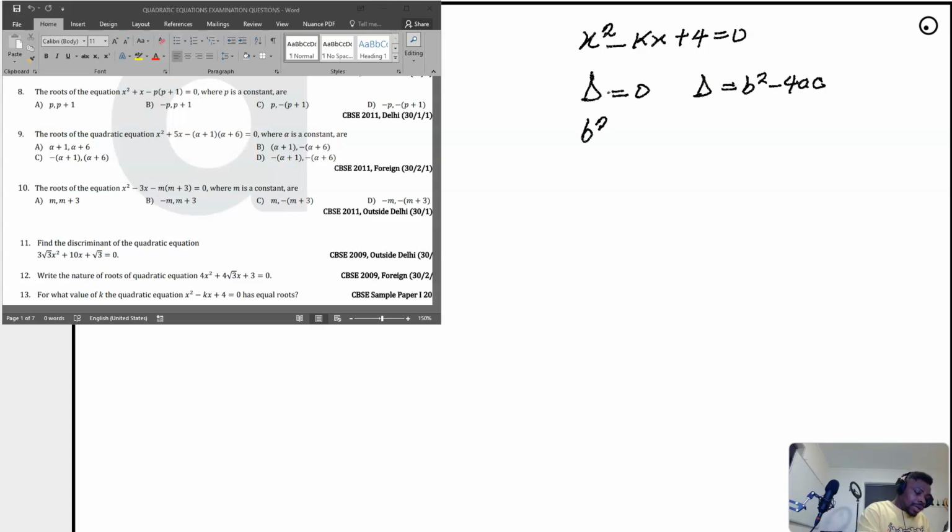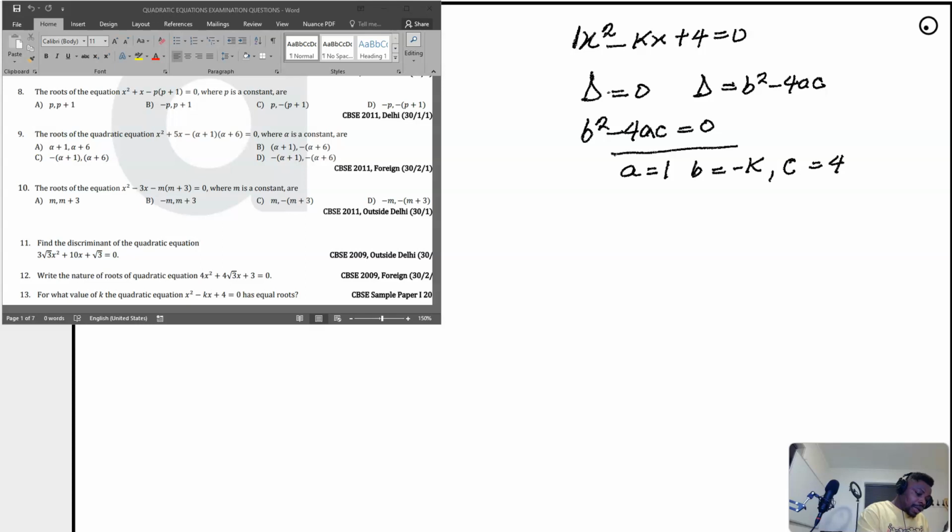So b squared minus 4ac must be equal to 0 for equal roots. So now here we need to get our a, our b, and our c. So our a is the coefficient of x squared here, which is 1. Our b is minus k, and our c is 4.